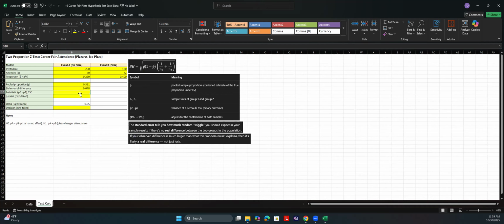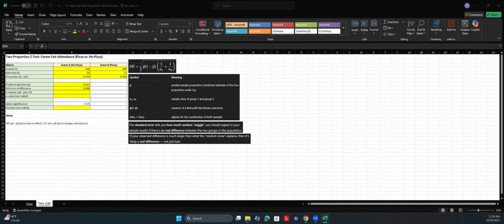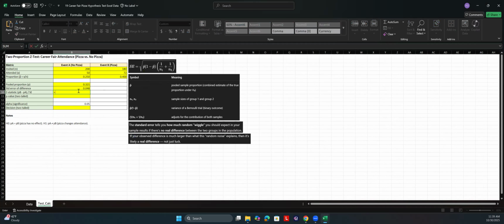Now I would like to calculate the z statistic based on the value. So basically, the difference between pizza attendance probability, which is 40%, minus no pizza attendance probability, which is 25%. The difference is 15%, relative to standard error is 3.127 times.